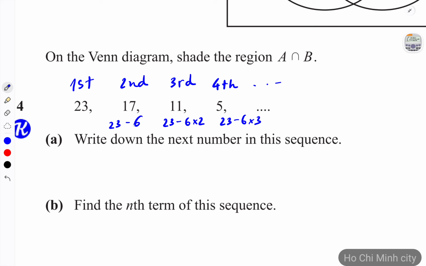The number that is multiplied with number 6. Here's 1, 2, 3, and apparently that one is 0, right? So we have 0, 1, 2, 3. So the number that is multiplied with number 6 is always less than the position only just 1 unit.